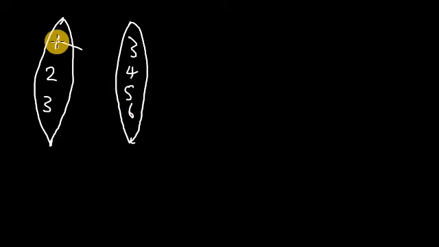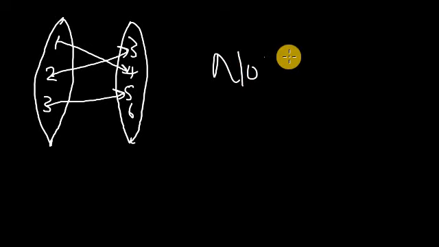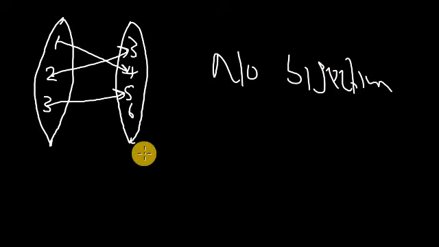So if 1 is mapped to 4, 2 is mapped to 3, then 3 is mapped to 5. Yes, this function is injective. It is one-to-one, but it is not surjective. Not all the elements in the codomain are used, therefore it is not bijective too. So once one of them fails, it is not bijective.